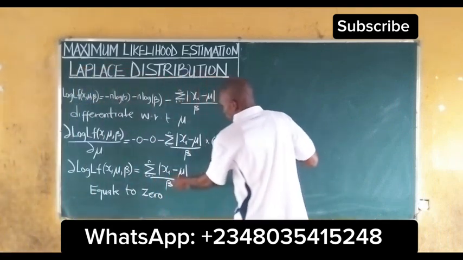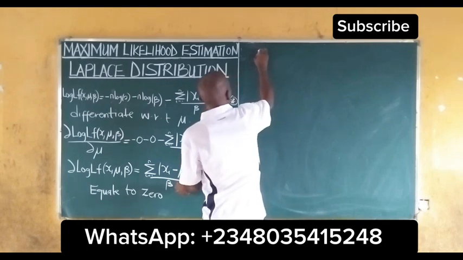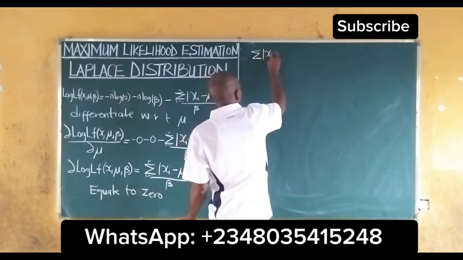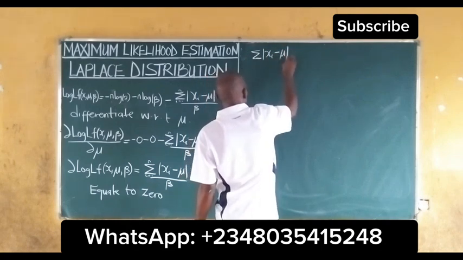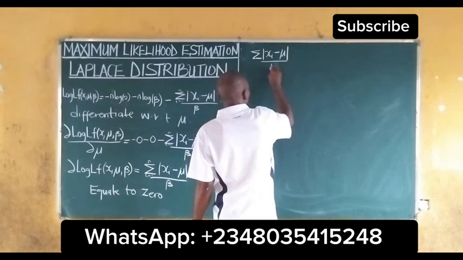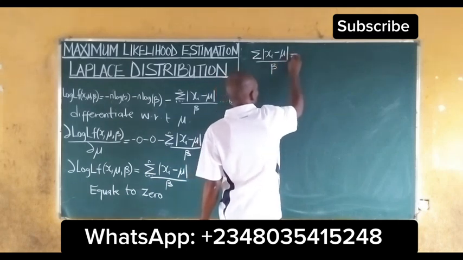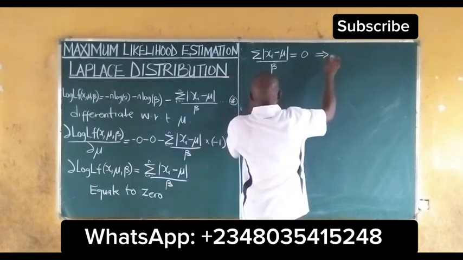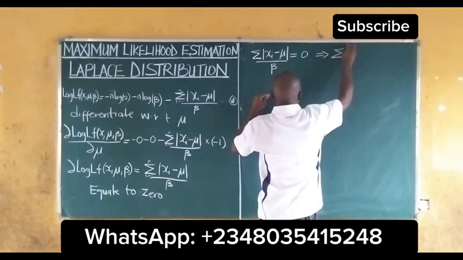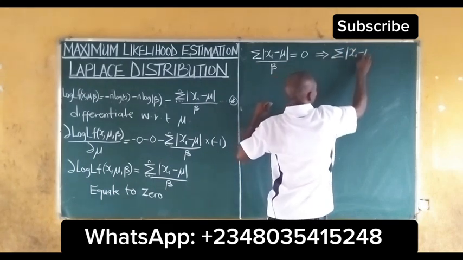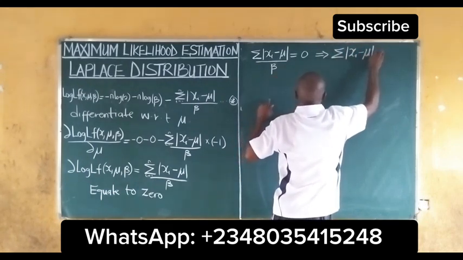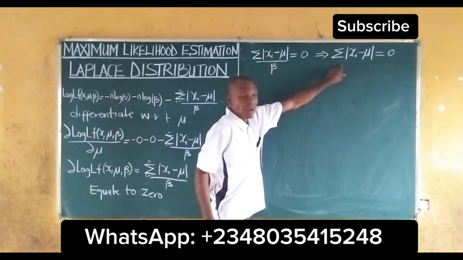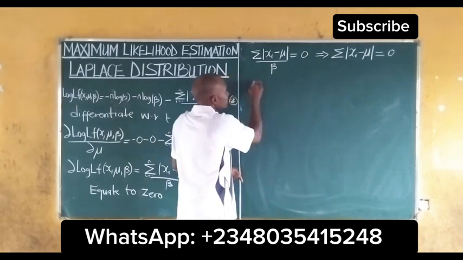So as we equate this to 0, we have the summation of the sign of xi minus mu all over beta equal to 0, which also implies that the summation of the sign of xi minus mu is equal to 0.